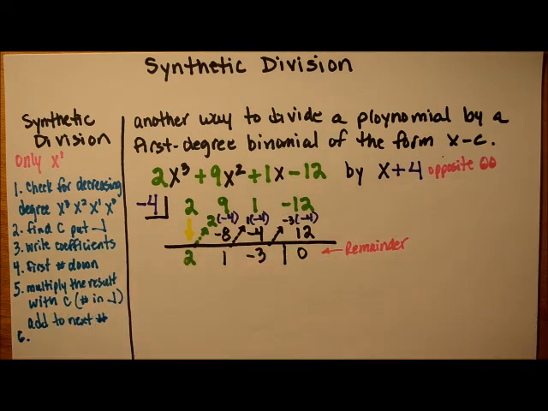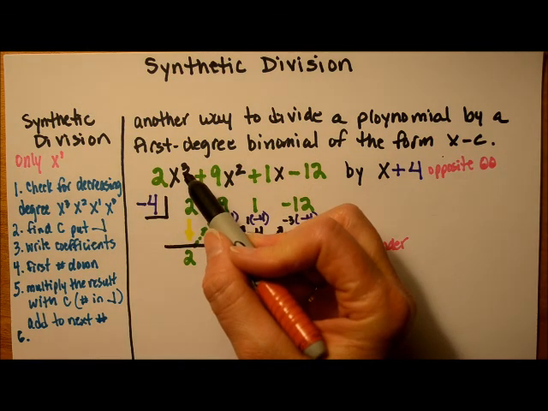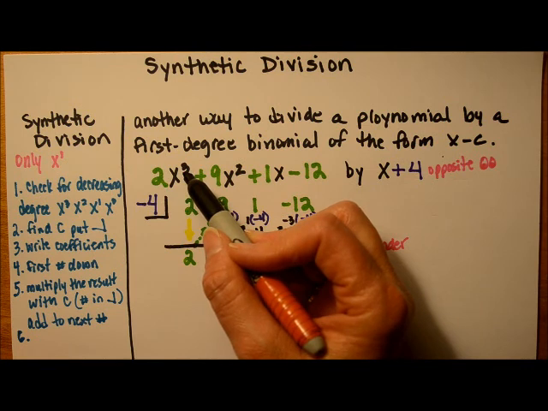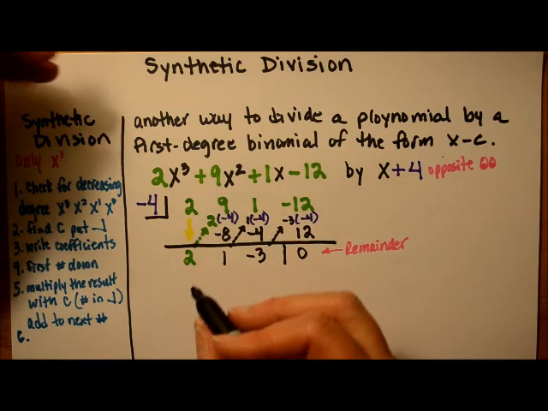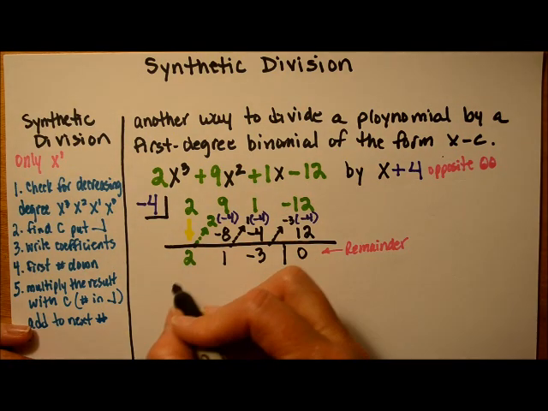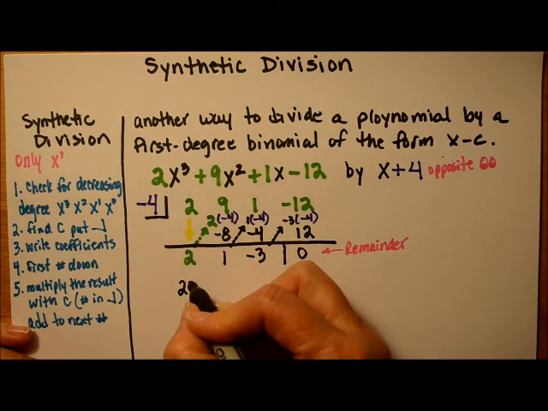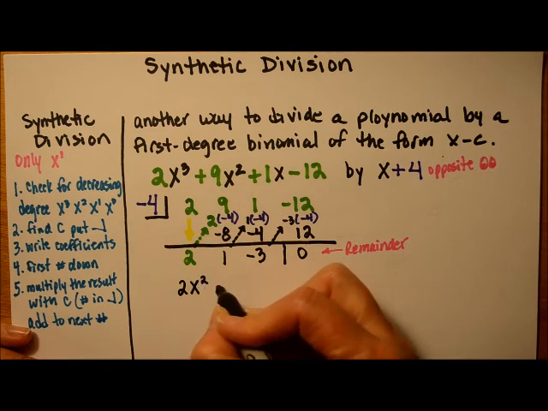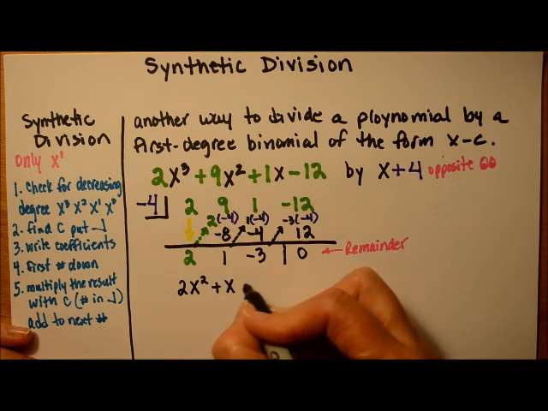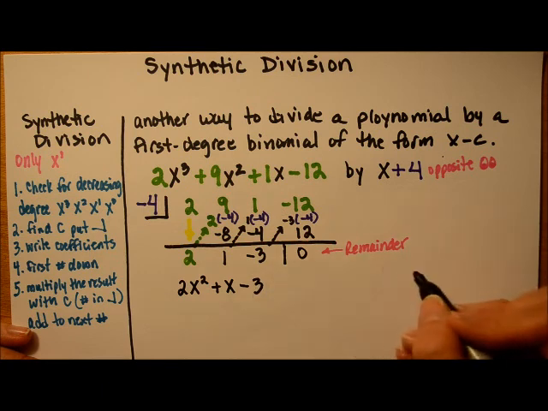Now, we're almost done, believe it or not. The last thing that we need to do is look at the original, which was x cubed. So when I fill in, I'm going to use x squared, so it's going to be 1 degree less. 1 degree less would be x squared plus x minus 3.